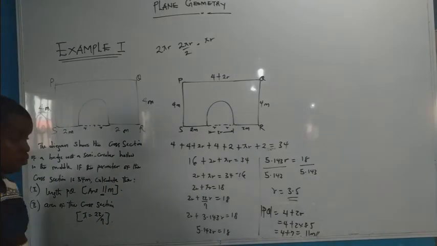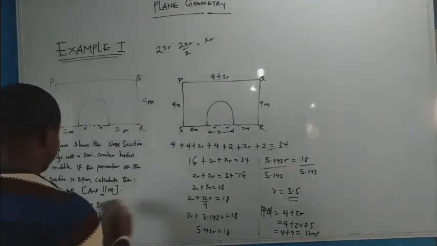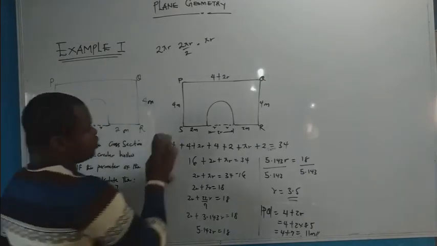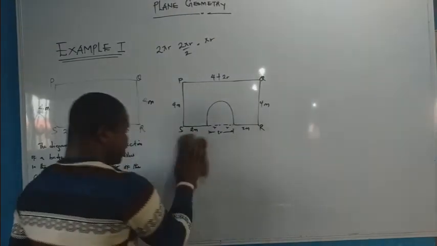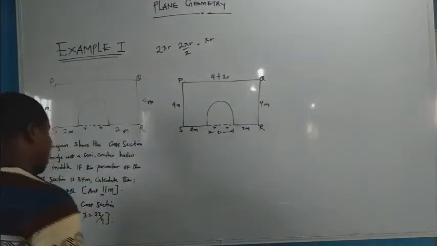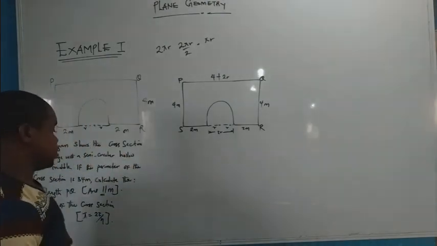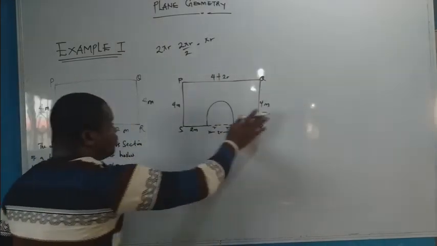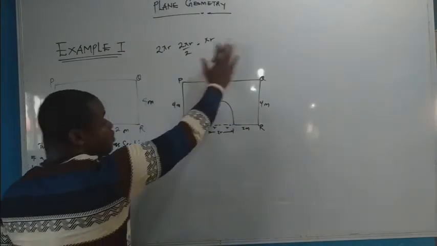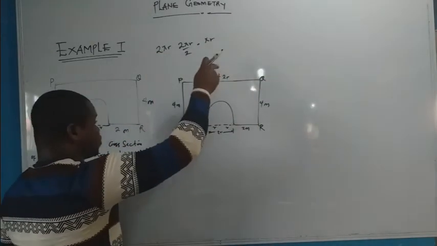Now let's look at the second aspect, which says we should calculate the area of the cross section. To get the area of the cross section is very, very easy. You just get the area of the whole cross section.